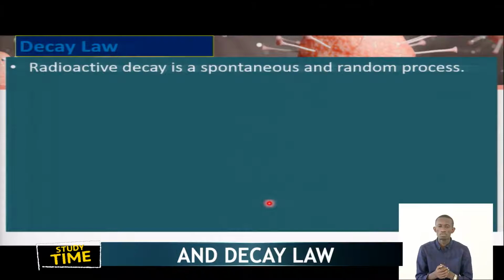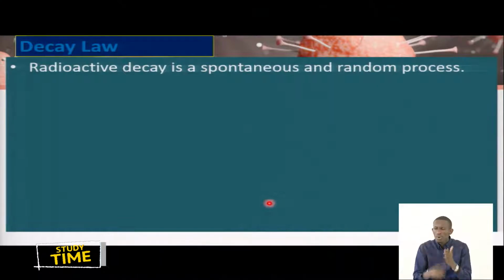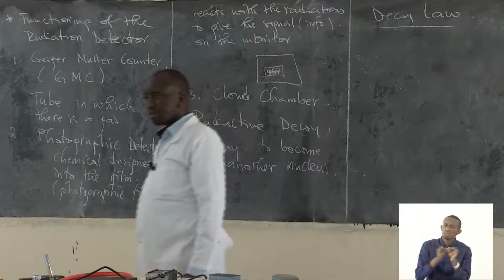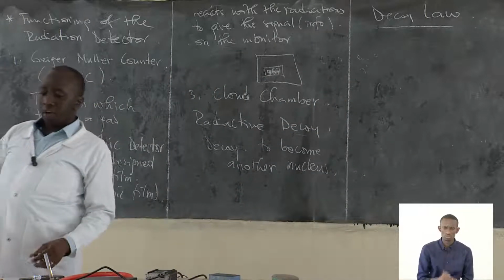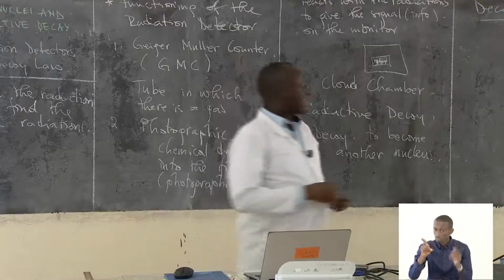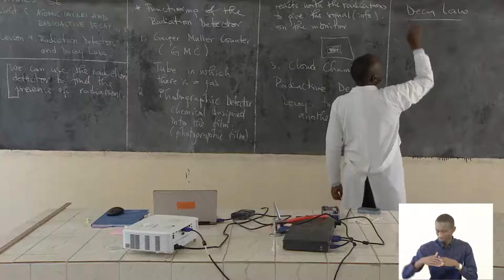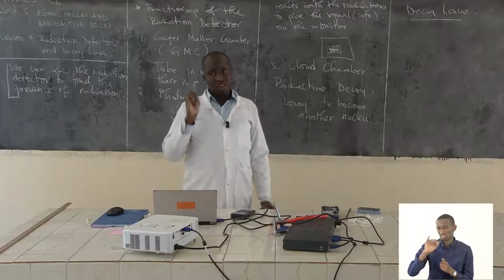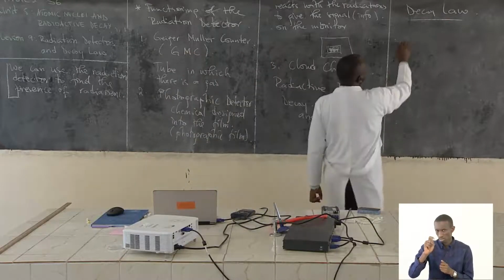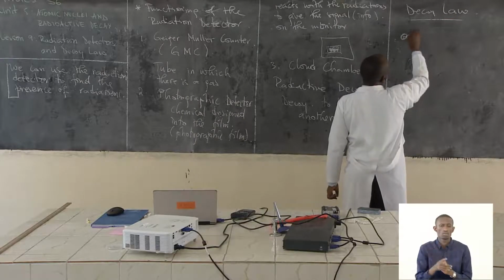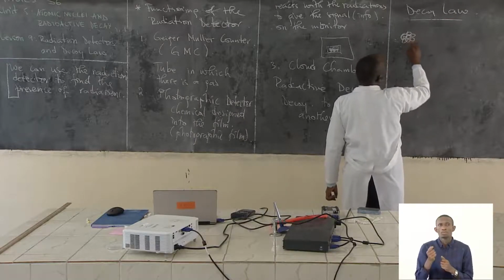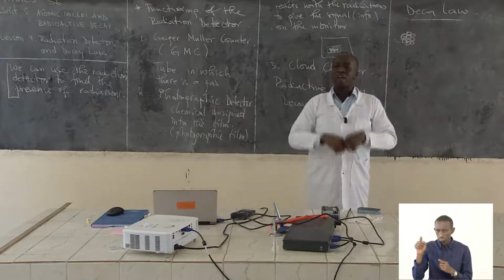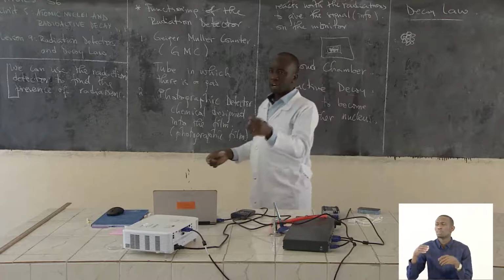Then let's go to the decay law. What is decay law? How can we explain it? You can understand it after the explanation of radioactive decay. Students, to have the nuclides I've shown you decaying, you know it is decaying from the other nuclides that you have.